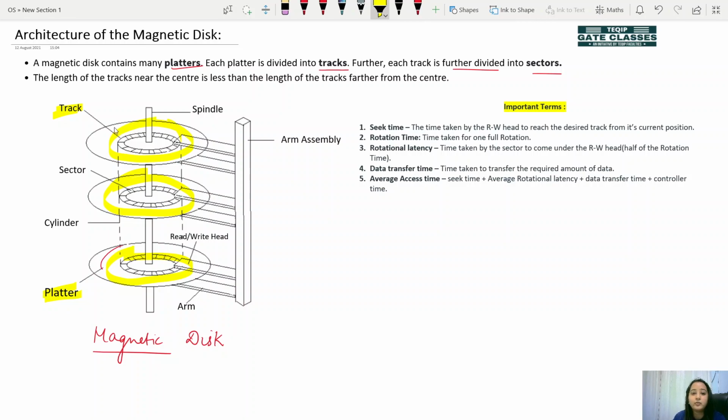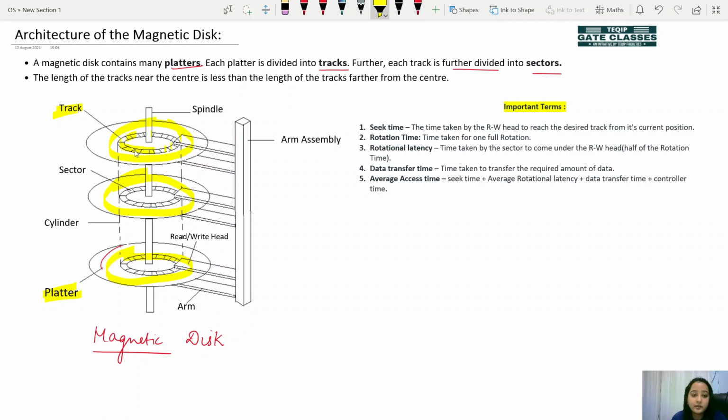Okay, and further the track is divided into these sectors. That is, a track is divided into a number of sectors. You can see the CD also. On the CD there are circles that are indicating the tracks. Okay, and the surface is called the platter.